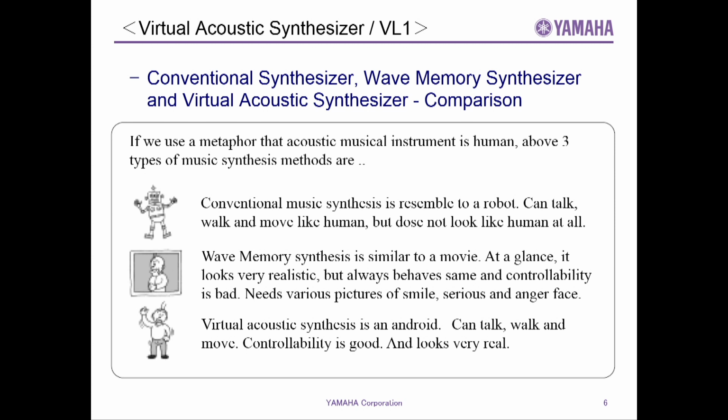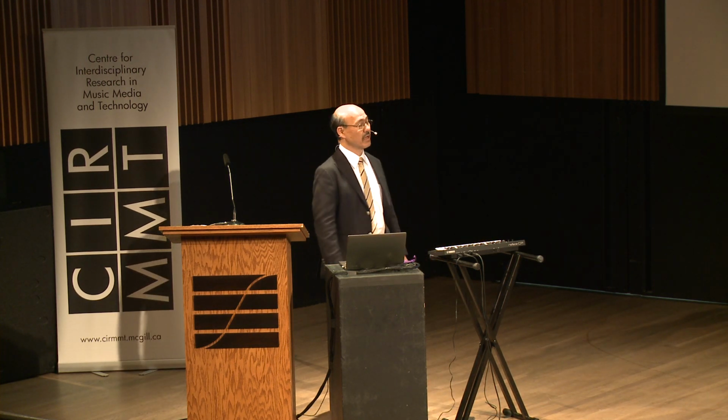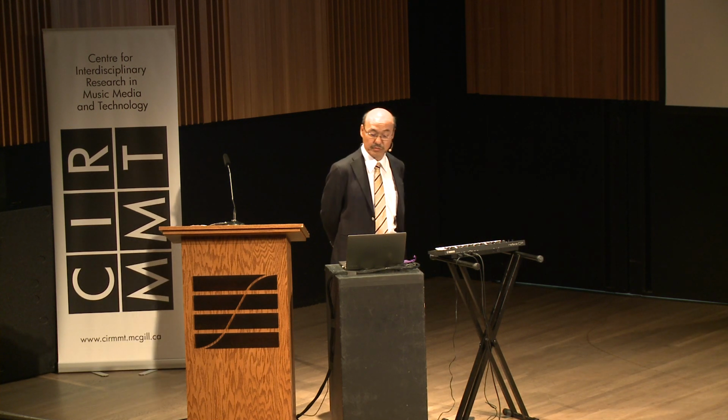So, with the mouse cursor, yes, this one looks like a robot. Conventional music synthesis like an analog synthesizer resembles a robot. It can talk and walk and move like a human, but does not look like a human at all.